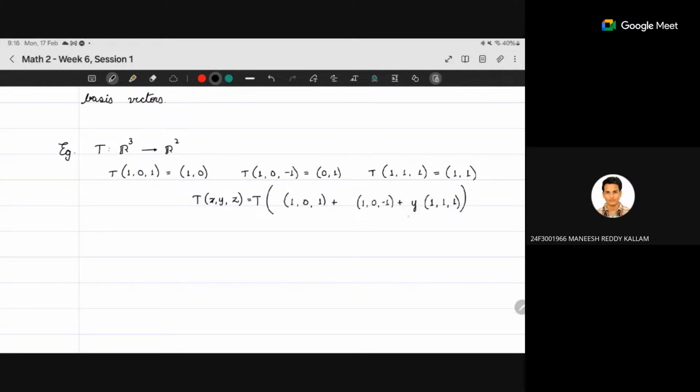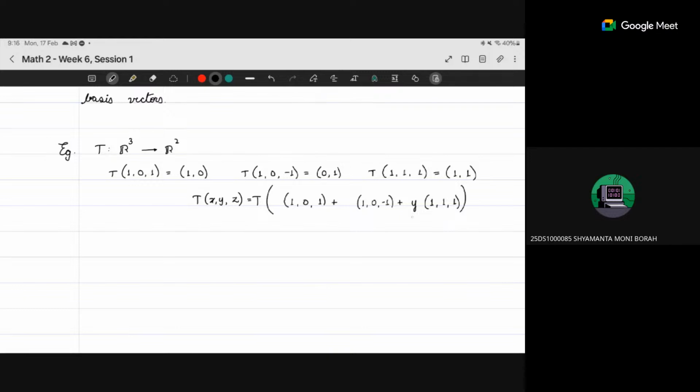You can immediately see that this coefficient has to be y because for the second coordinate, none of the other coefficients will contribute anything. Only the last coefficient will contribute something. Correct? One will be 2x minus z, something like that.